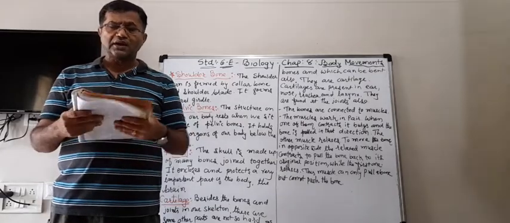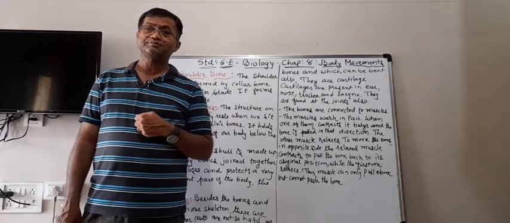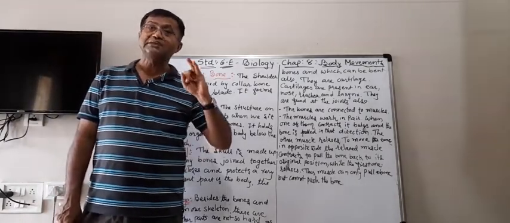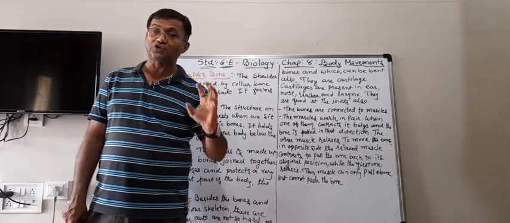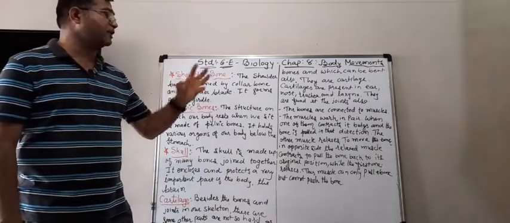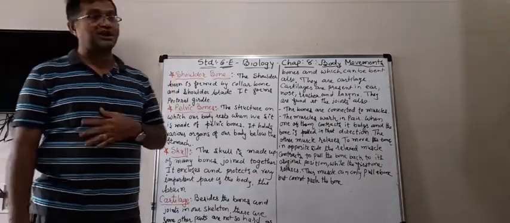So it means that in our skeleton system there are the bones and joints, and then the cartilages are also helping such that our body frame is possible with the skeleton.